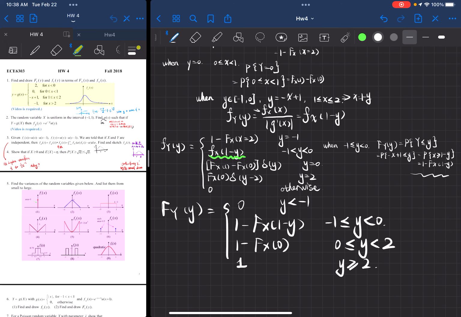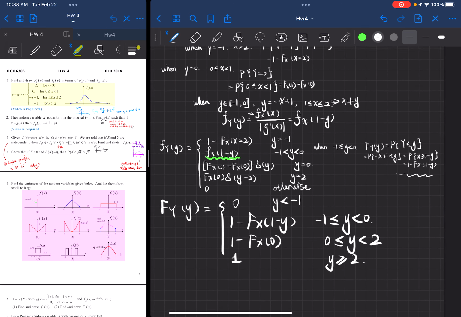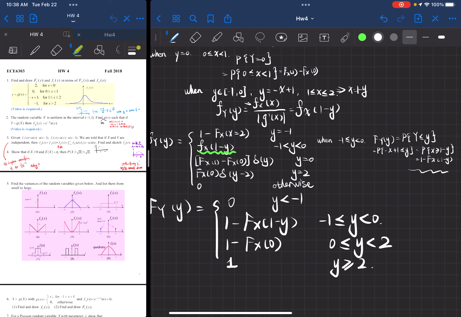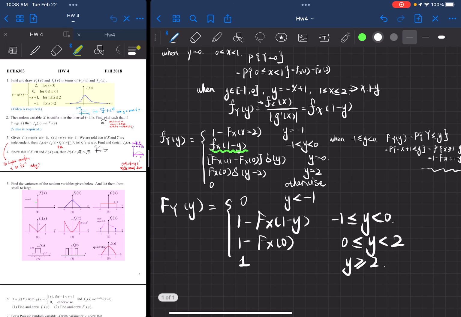And here I would like to talk a little about when y is from 0 to 2: the function is a constant value, because as we can see, when y equals 2, it equals the distribution function of x at x equals 0.